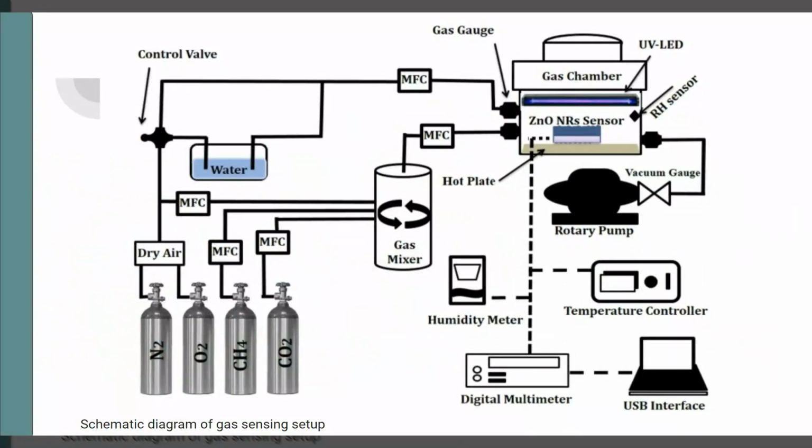Now, looking at a schematic diagram of the gas sensing setup, one more interesting thing in this setup is the UV LEDs that are installed. Along with the gases we want to monitor, there are many other gases the atmosphere is composed of.